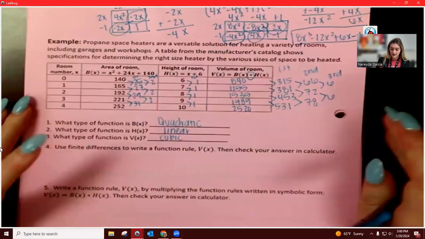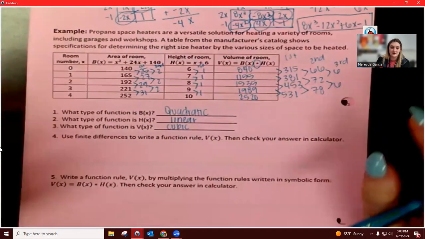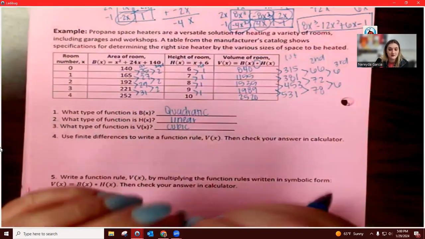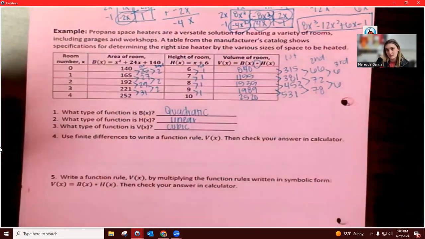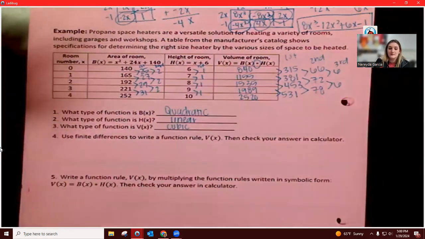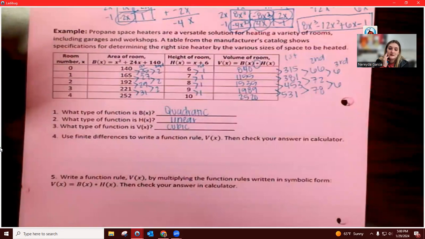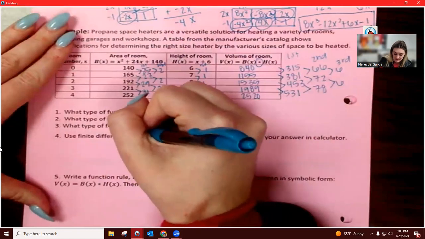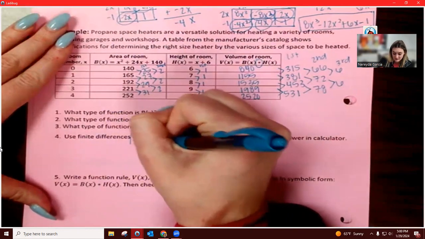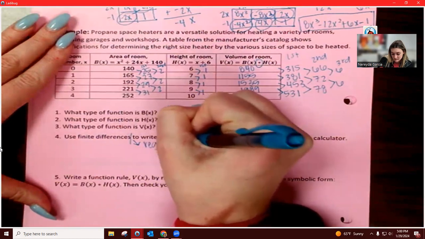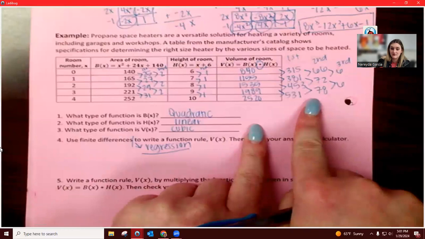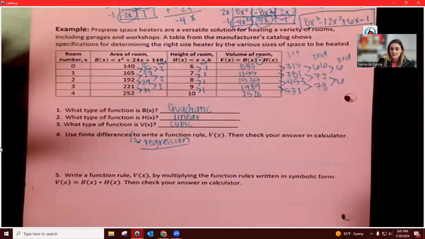So my next question, number 4 now, is going to ask me to use finite differences to write a function rule v of x, then check my answers in the calculator. Okay. So when I'm writing my function rule, I want us to use regression.